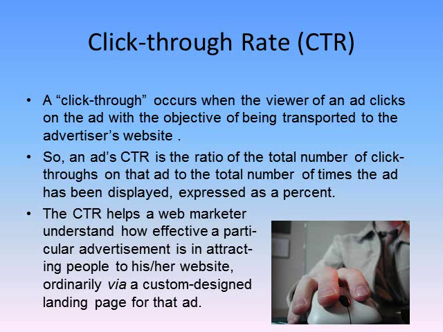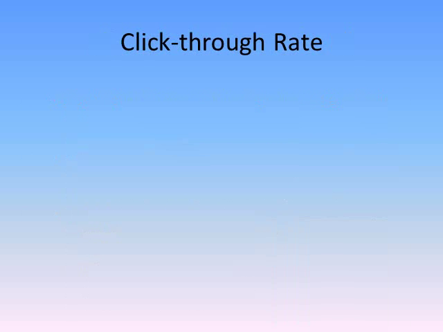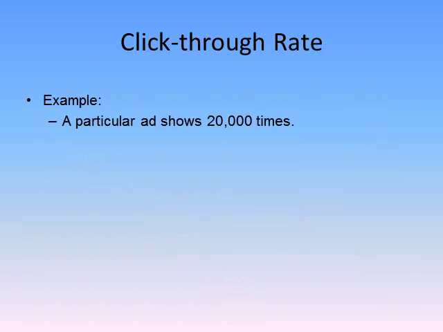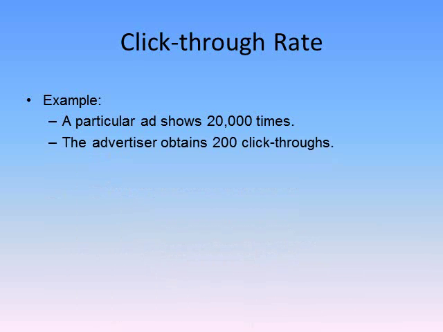Okay, let's look at an example of a click-through rate. Let's say a particular ad is displayed by Google or whoever's displaying it 20,000 times. And from those 20,000 displays, the advertiser gets 200 click-throughs.